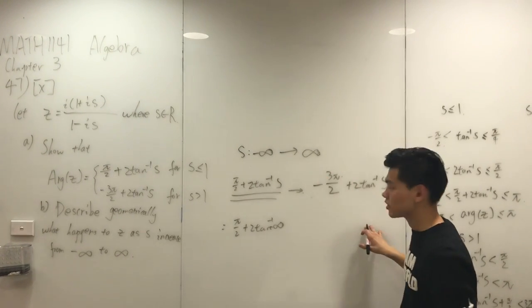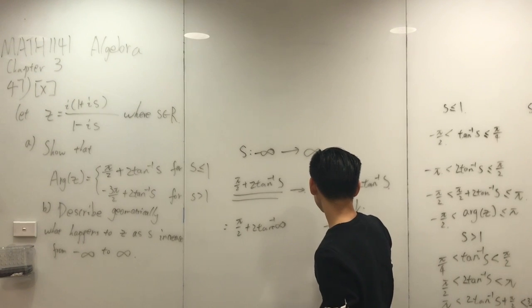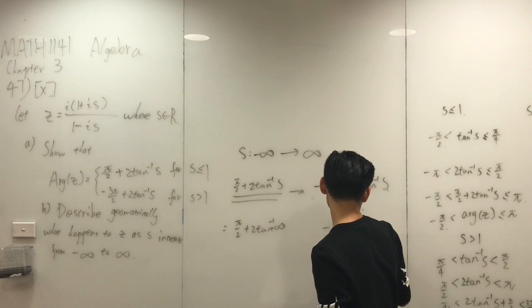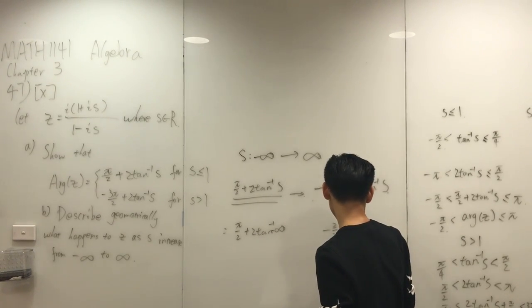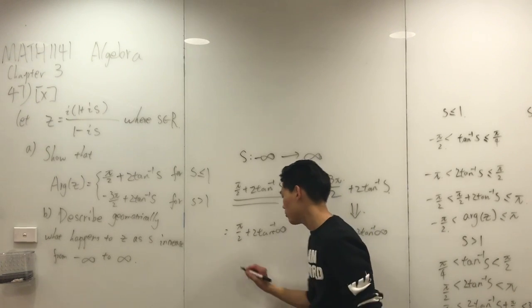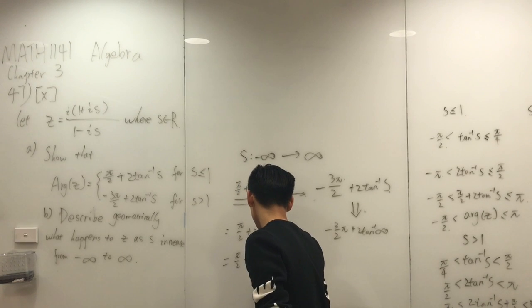When s is positive infinity, you will get positive infinity. So when you are at negative infinity, it will be pi/2 plus 2 times negative pi/2.